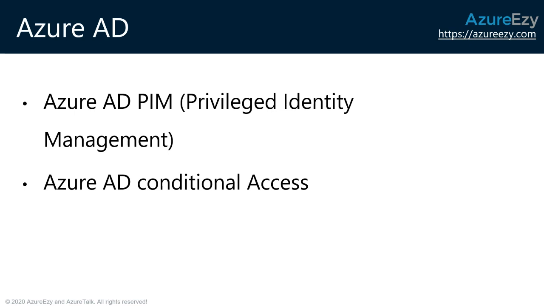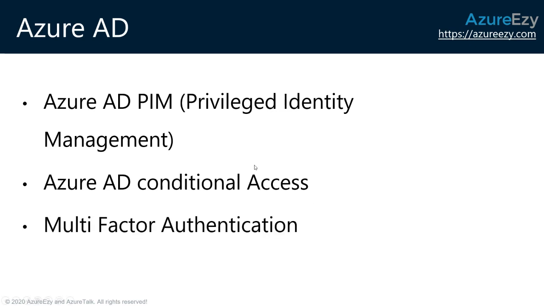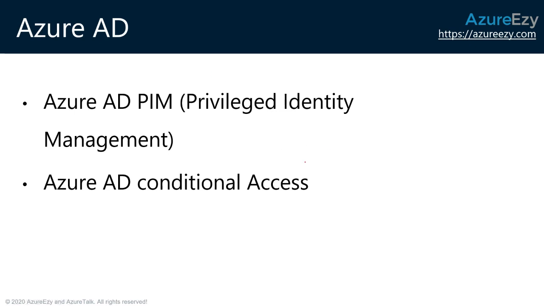Conditional access enables you in your organization to set up a flow where you can say if some condition is met, then something should happen.